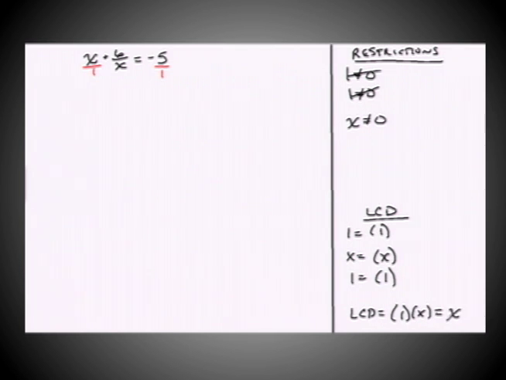All right, so I'm just going to rewrite my original equation, and I'm going to leave room to come back and multiply every term by the LCD. And the LCD is x, so I just want to multiply each term by x. Let me remind you, this is happening in the numerator.